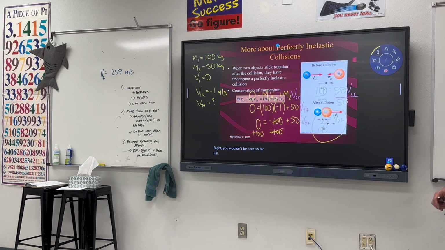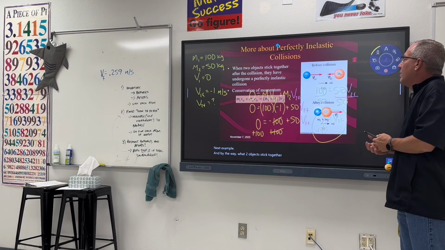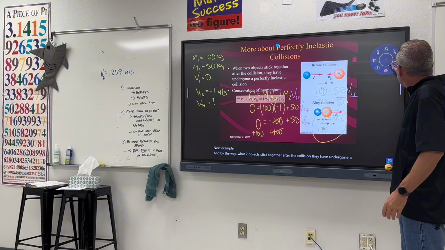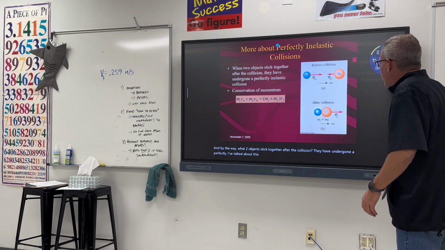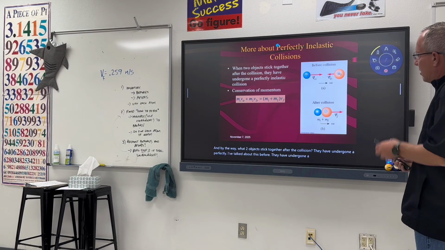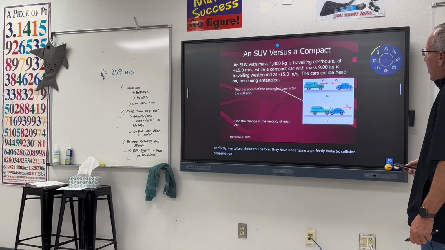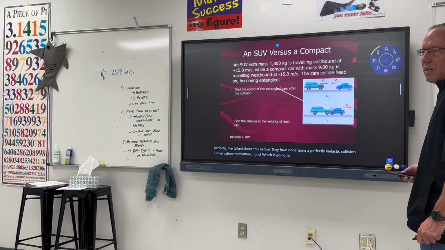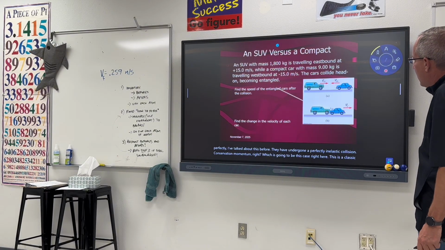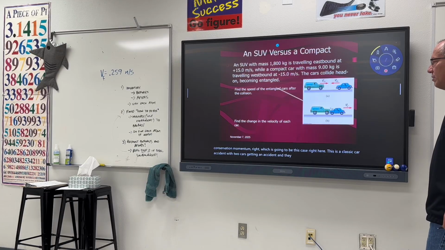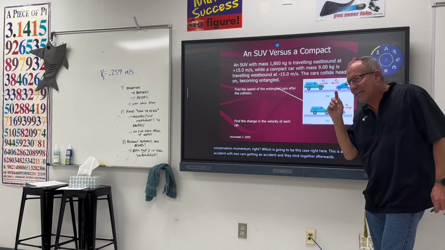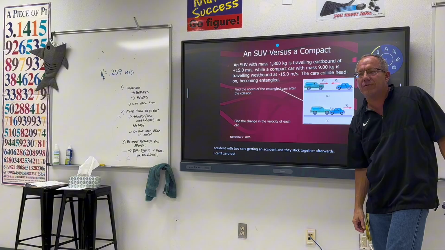Next example. By the way, when two objects stick together after the collision, they have undergone a perfectly inelastic collision, conservation of momentum, which is this case right here. This is a classic car accident where the two cars collide and stick together afterwards. I can't zero out the final side of this even though they're entangled.